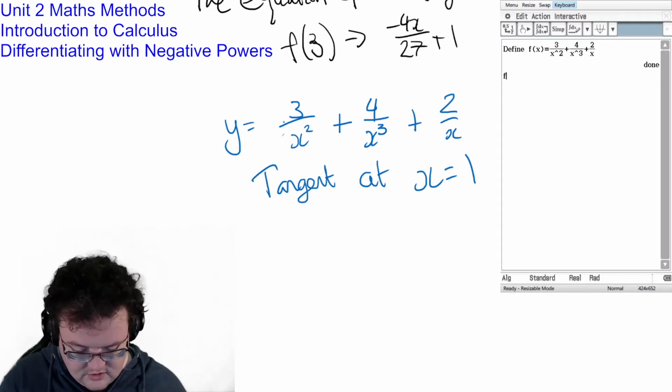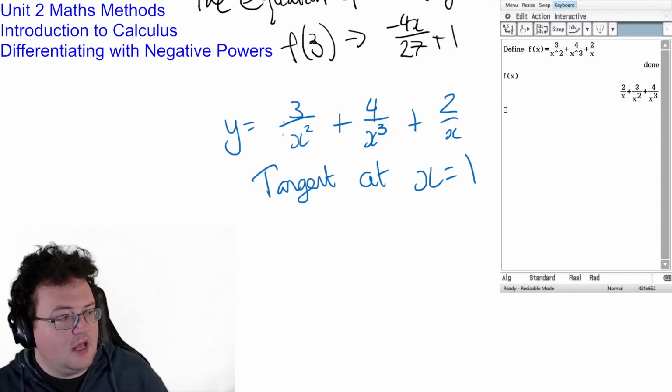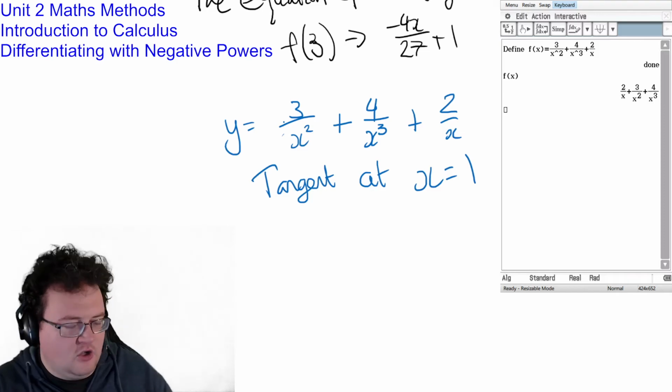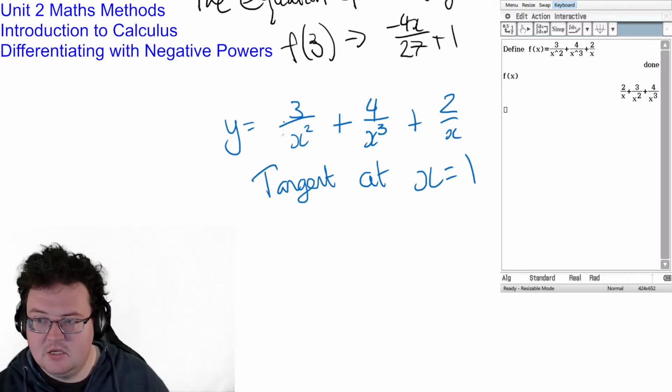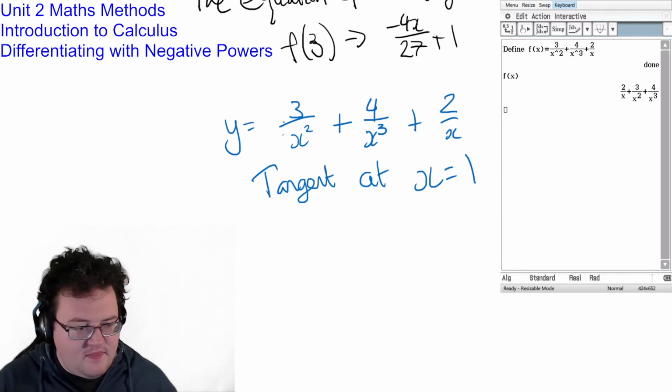So if I just type in f of x, it spits it out for me, and it puts everything into a logical order. You guys can see that there.